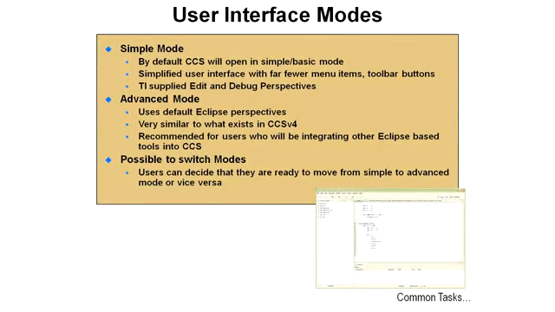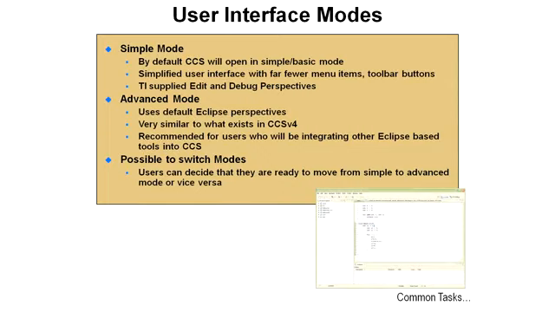Code Composer Studio sports two user interface modes. In the past, some common complaints of Eclipse and Code Composer were that the tools and the menus were too complex and there were too many options in them. So to fix that, we've gone ahead and created a simple mode. By default, Code Composer opens in this simple or basic mode.